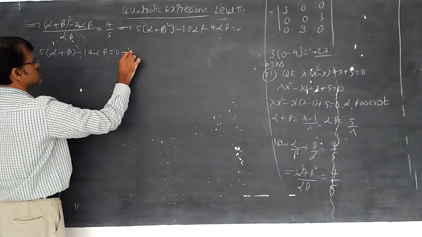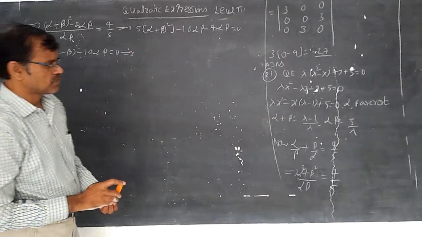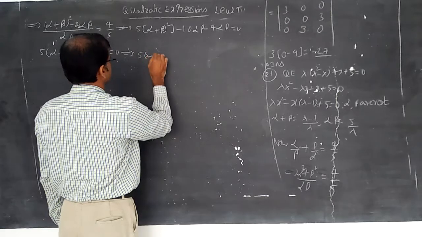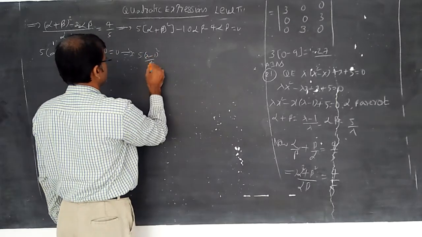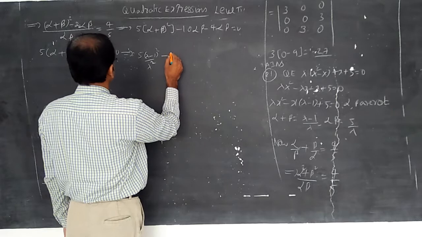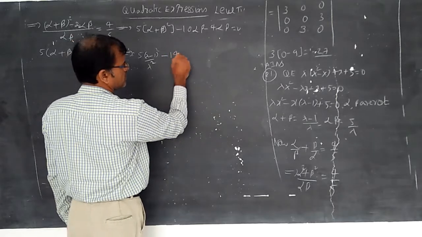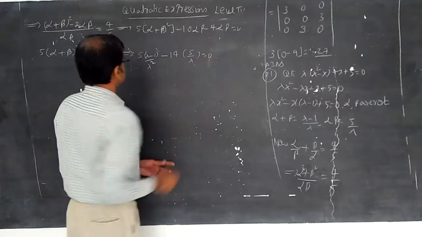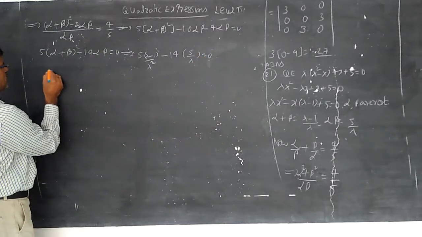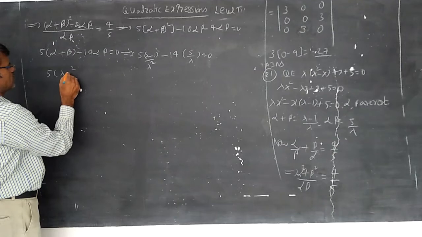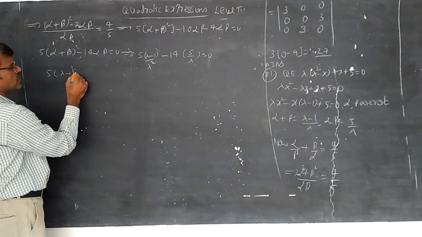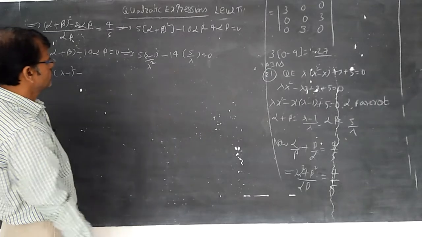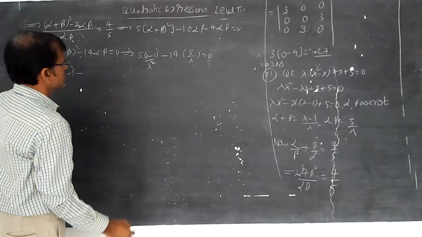That implies 5 into alpha plus beta, which here is lambda minus 1, whole square by lambda square, minus 14 into 5 by lambda is equal to 0. So 5 into lambda minus 1 whole square minus 14 lambda equal to 0; 5 you take common, it is better.